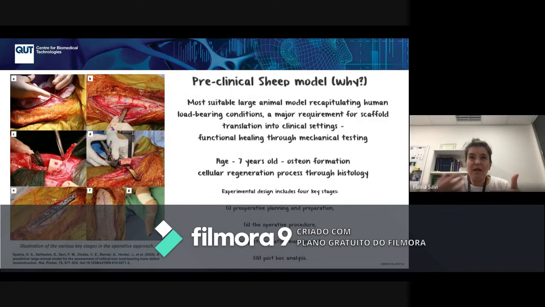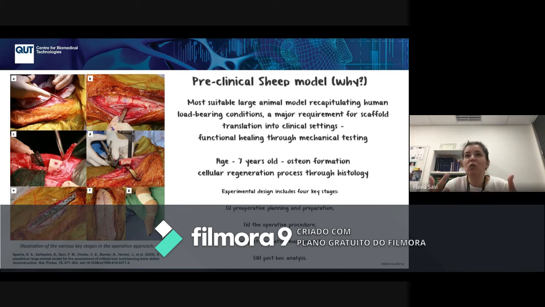So as I mentioned in the beginning, why do we use the sheep model? Because it is the most suitable large animal model recapitulating human load-bearing conditions, and it is a major requirement for scaffold translation into clinical settings. Why load-bearing? For example, if you are working with rats or mice or any kind of rodent, it is different because, as you know, they have 4 legs and we have 2 legs, and also the size of them.